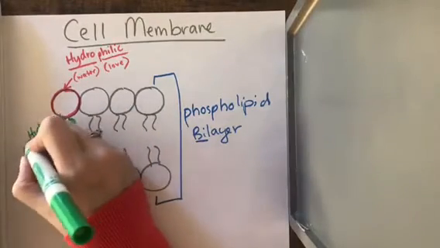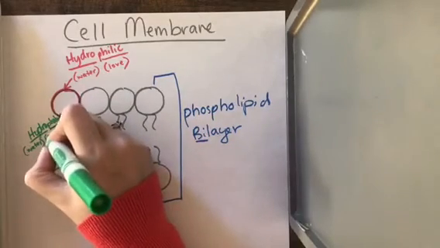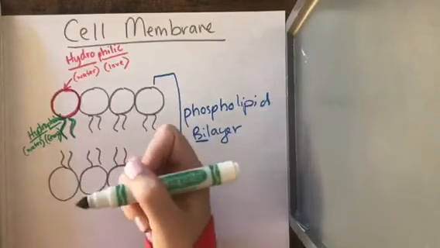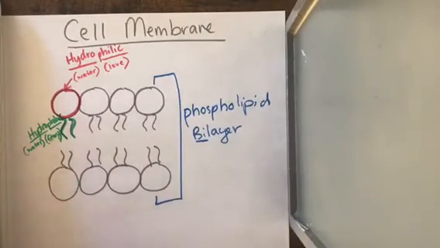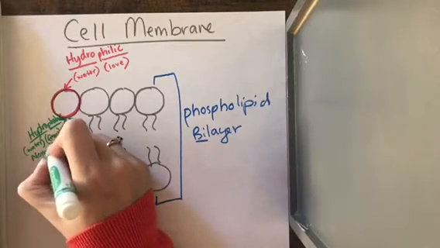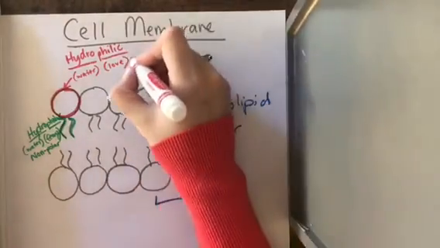So these are water fearing. All right, the other word we need to associate with the tails is that they are non-polar. Now we're going to get into what that means later, but for right now I just need you to remember that it is non-polar. And the heads are going to be the opposite of that. The heads are polar.